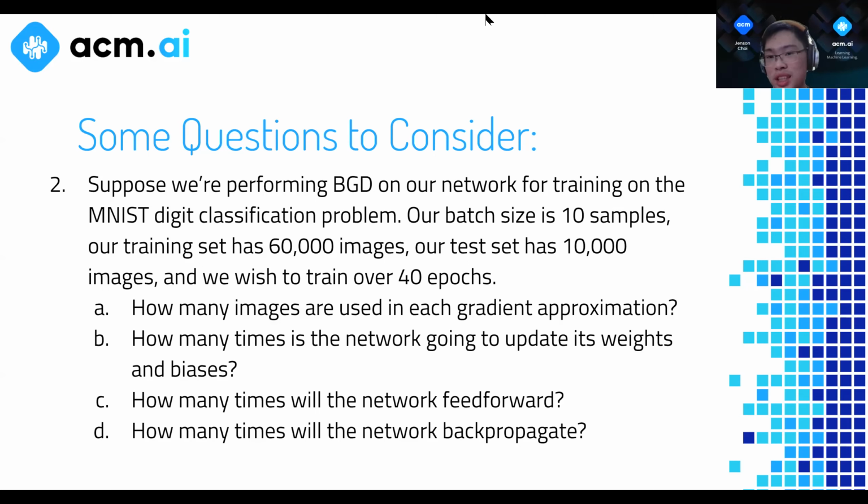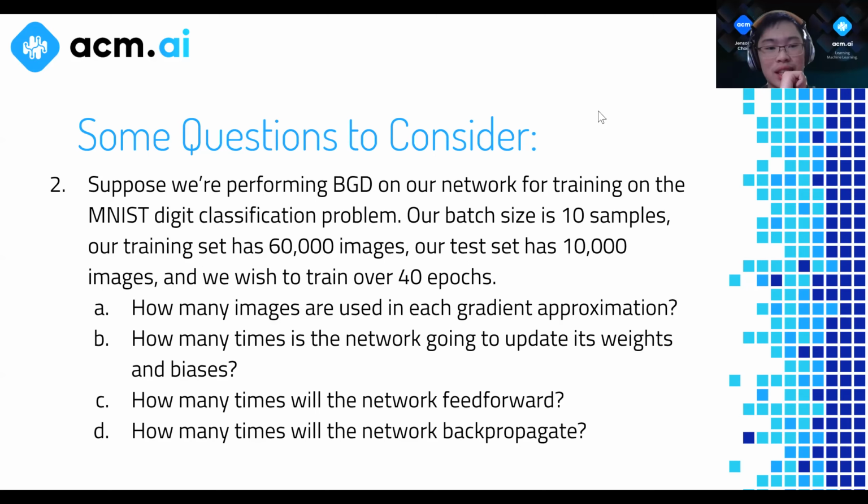Make an update to our gradients. Okay, so to make sure, for each sample, meaning if you were to run one batch, you'd feed forward 10 times. Yes, because we have to make the prediction for every sample. And then we're also going to backpropagate 10 times to compute the gradient for each sample.